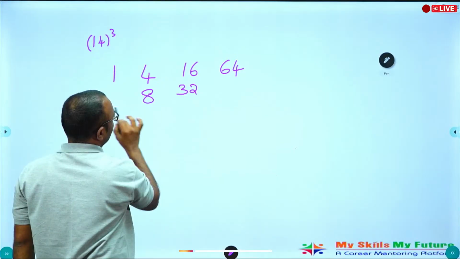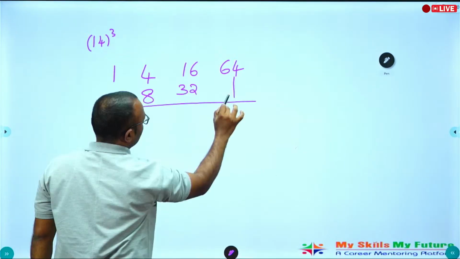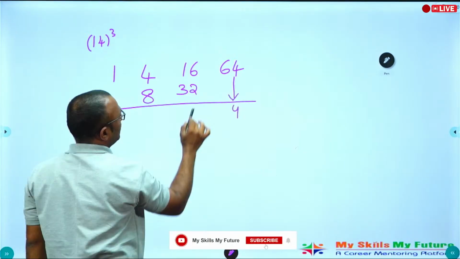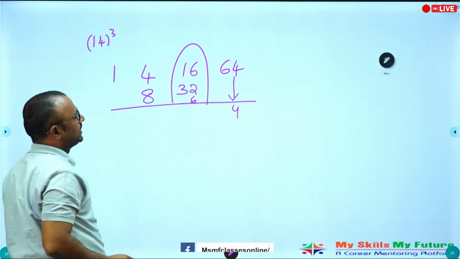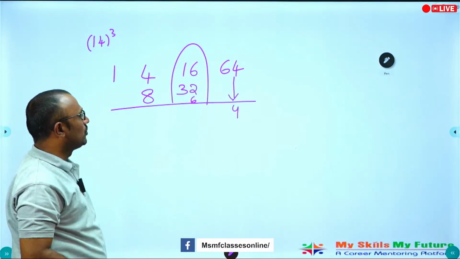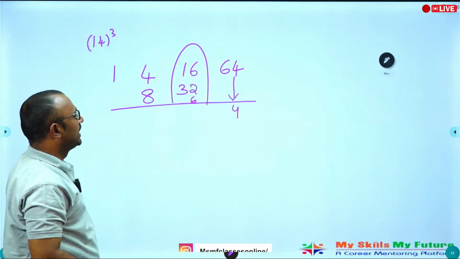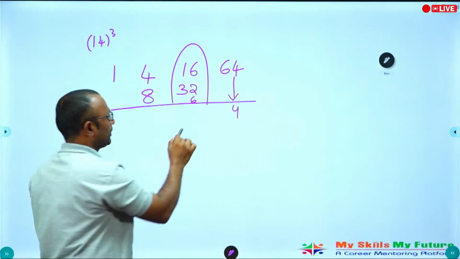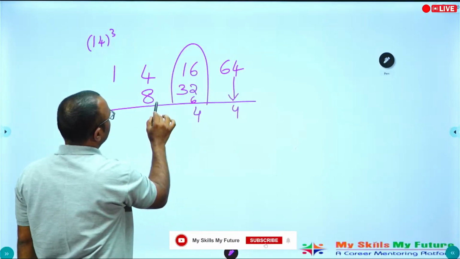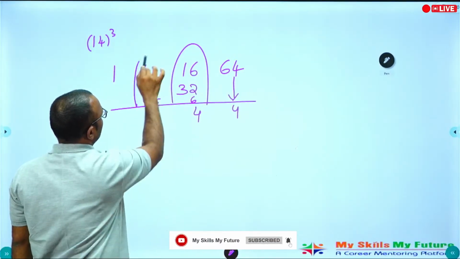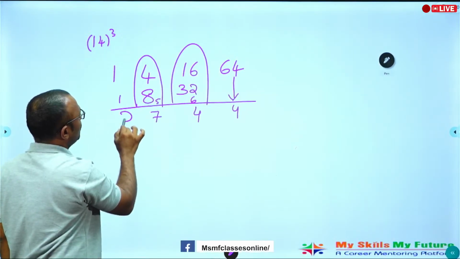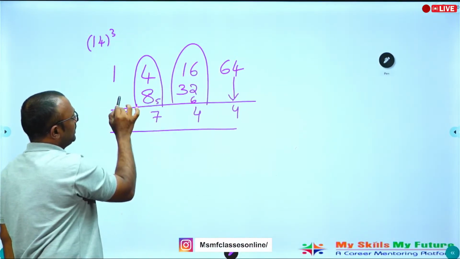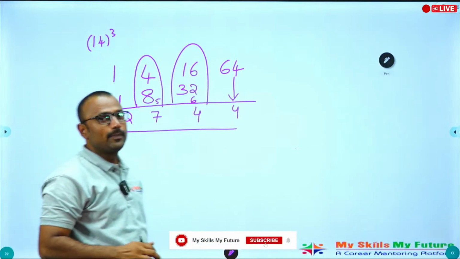Write 4 here directly and send 6 to the left side. So 16 plus 32 we get 48, 48 plus 6 we get 54. Write 4 and carry 5. So 9 plus 8 we get 17. Write 7 and send 1 to the left side. So we get 2744.